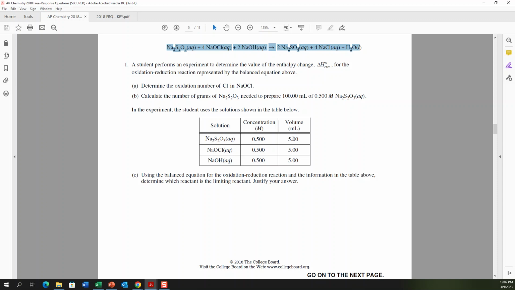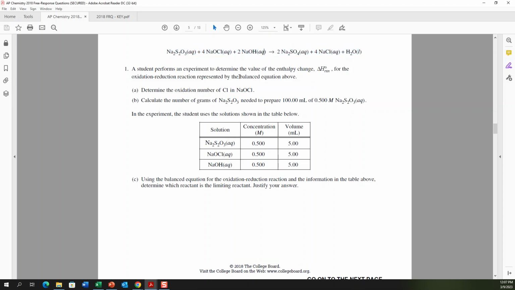All right, so we started with equal volumes, equal molarities of these things, so it really comes down to the mole ratios. So we had equal moles of everything, but let's pick water.